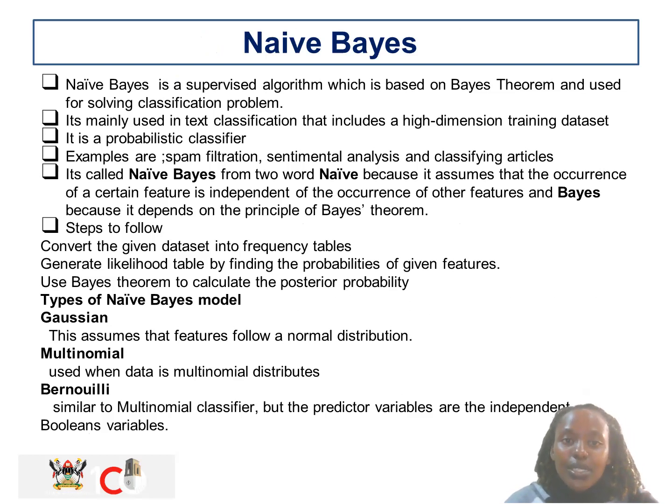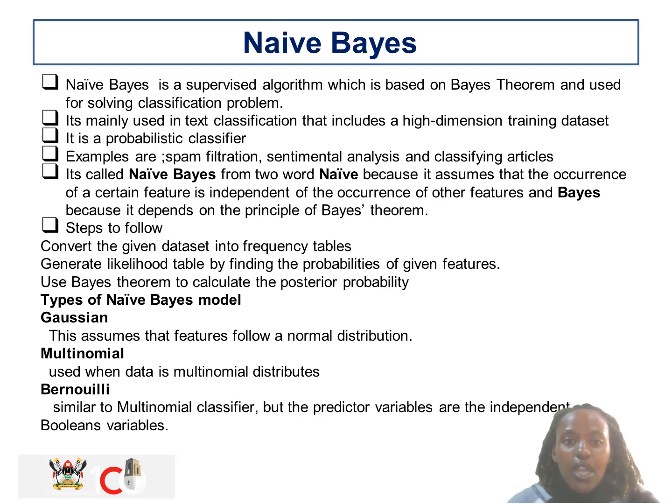It is mainly used for text classification that includes high-dimensional training data sets, and it's a probabilistic classifier: it classifies the probabilities, to what extent. Examples of Naive Bayes are spam filtration, sentiment analysis, and many others.